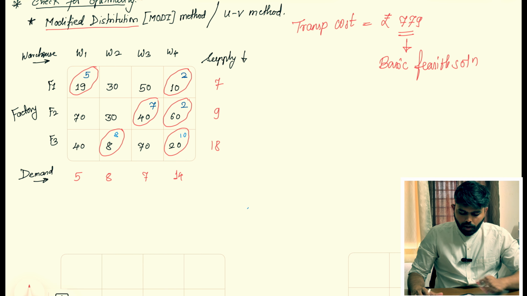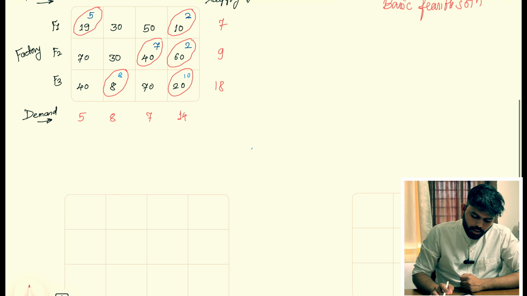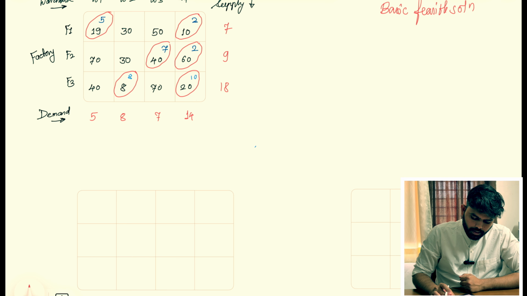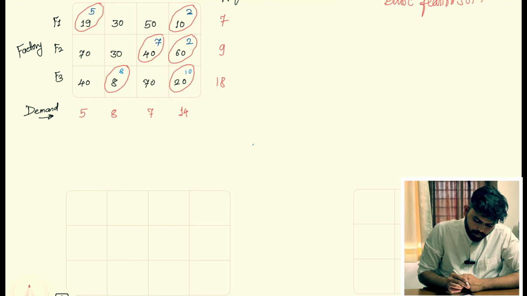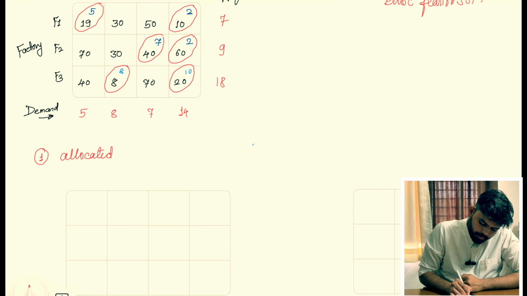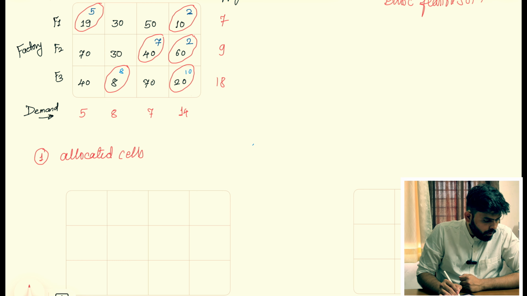Now let us find the optimal solution by the modified distribution method. The first step is, you can write down, step number 1: allocated cells. For whichever cells are allocated, the cost Cij should be equal to Ui plus Vj.